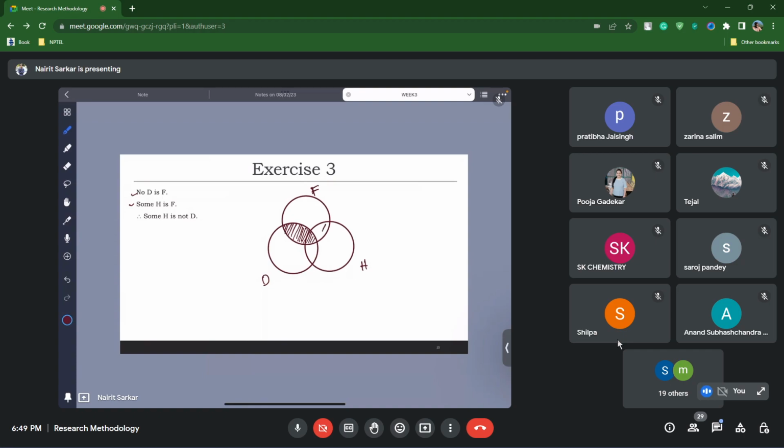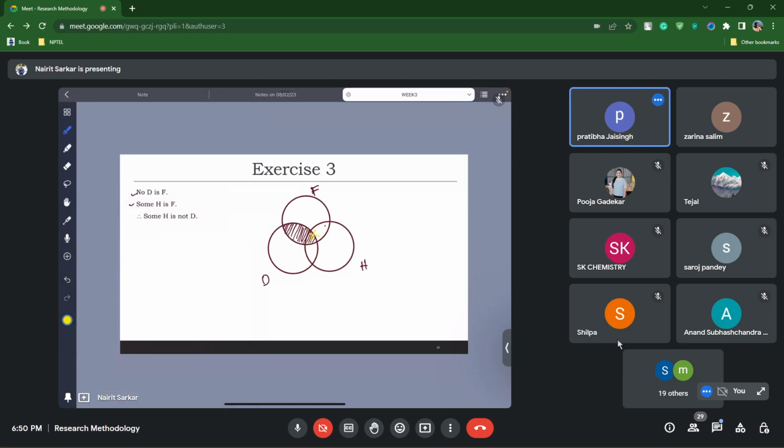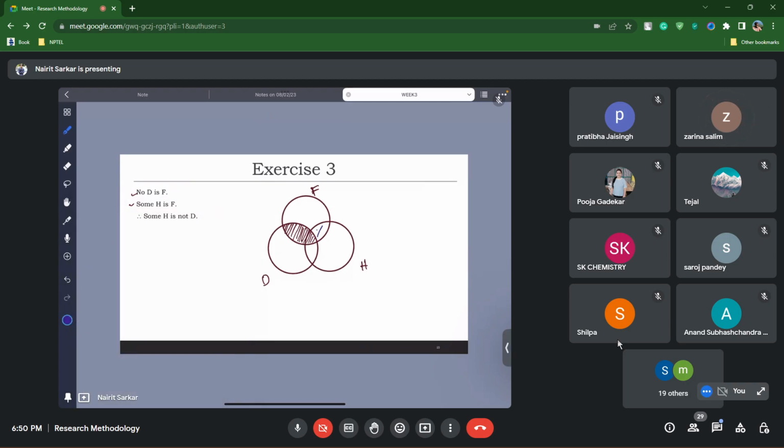Why is it here, not here? Can anyone explain? It is a rule: we don't put an X where it is shaded. Yes, exactly. So the X should be in the empty region.